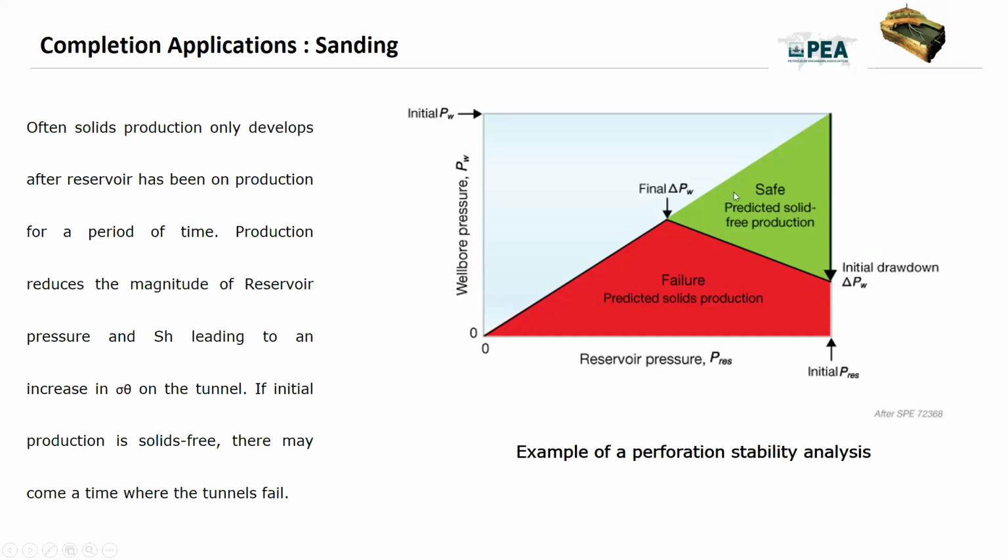But if you don't manage your drawdown correctly, you will be in this zone, and you can expect a lot of problems in the reservoir. The solids in the reservoir can start to debit, and you will get a lot of problems in your completion, and you have to close your wellbore and repeat another completion.